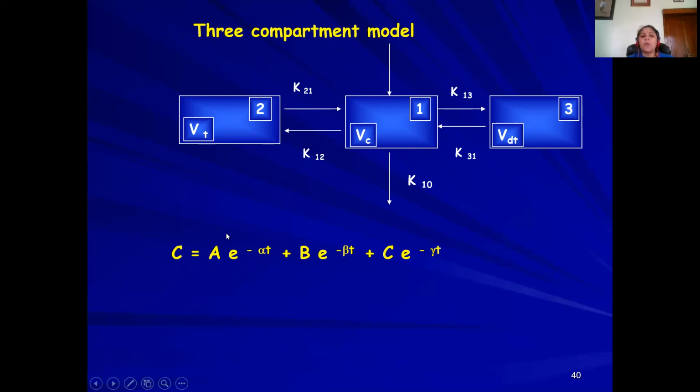Now three compartment model is represented by a tri-exponential equation, that is C is equal to A into e to the power of minus alpha t plus B into e to the power of minus beta t plus C into e to the power of minus gamma t, where alpha gives you information about the distribution into the tissues, beta about the elimination, and gamma about the deep tissue distribution.